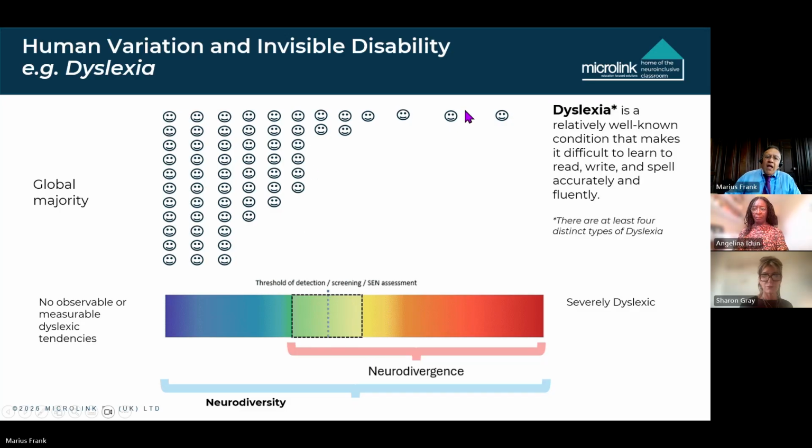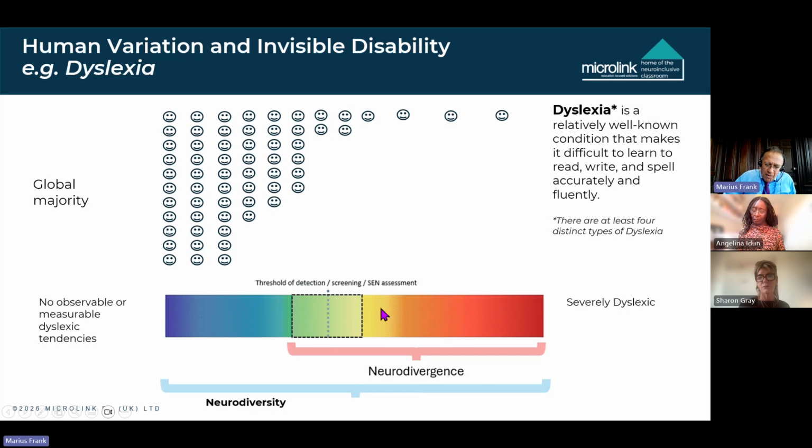When a condition becomes a barrier, we call that neurodivergence. Neurodiversity is the whole of humanity. Neurodivergence is when individuals perhaps have that need when compared to the global majority.